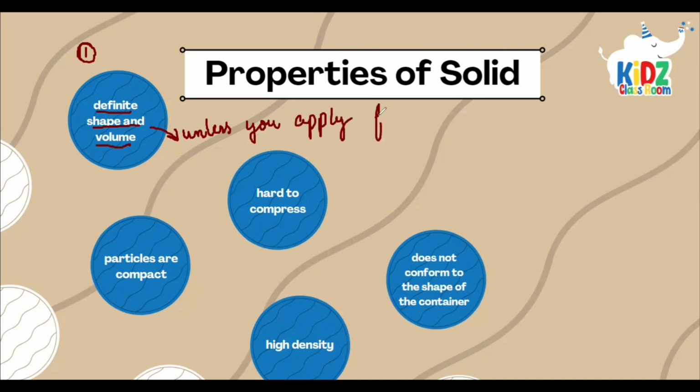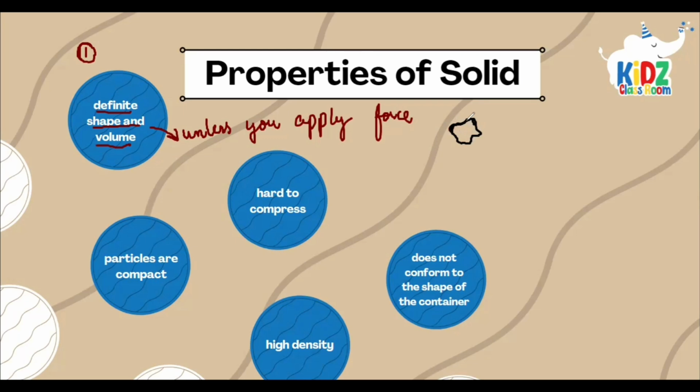Let's have an example. For example, you have a rock. Is a rock a solid? Yes. The rock will stay rock shaped unless you break it. Will the rock change its shape?